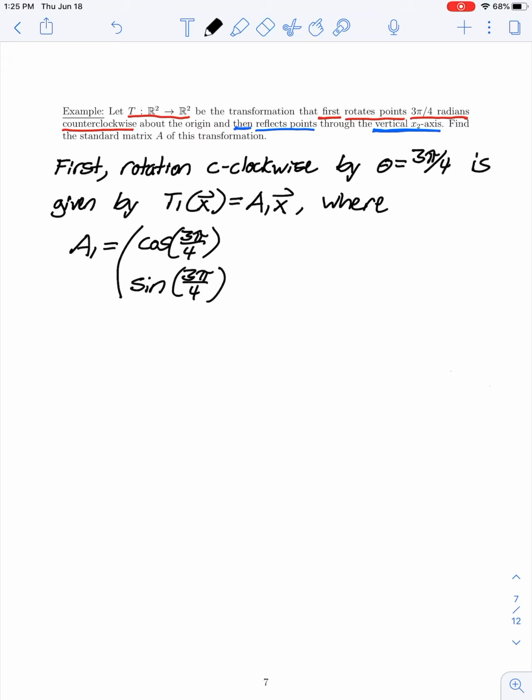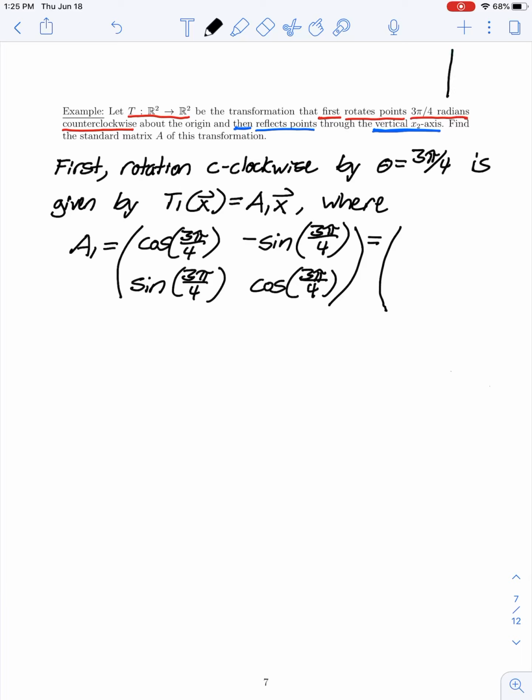We had seen that rotation matrix in our earlier example. And the second column is negative sine of 3 pi over 4, and cosine of 3 pi over 4.